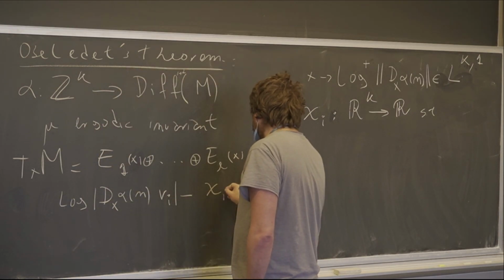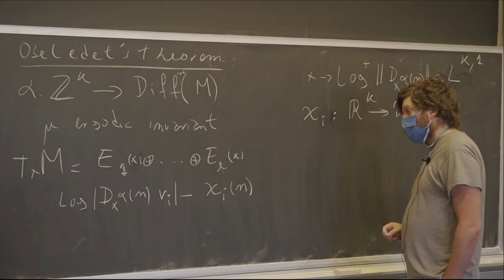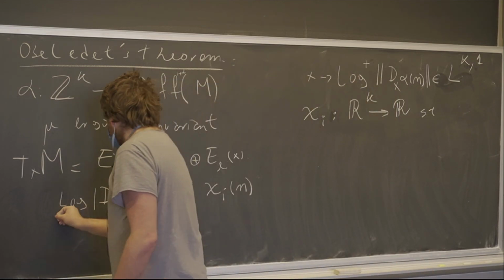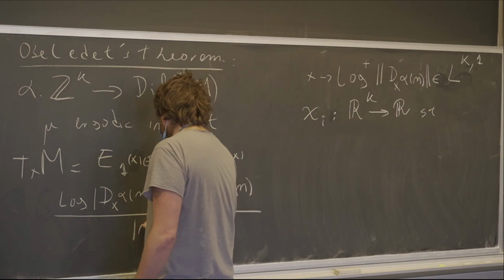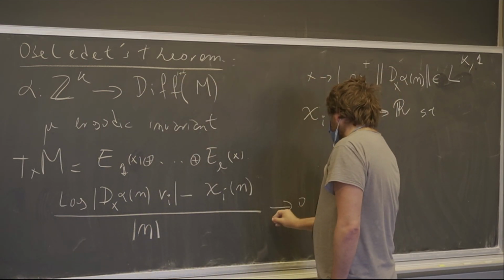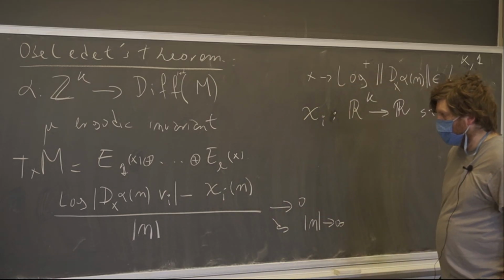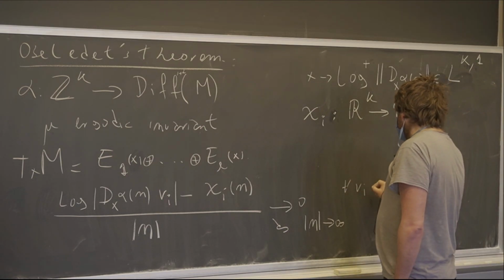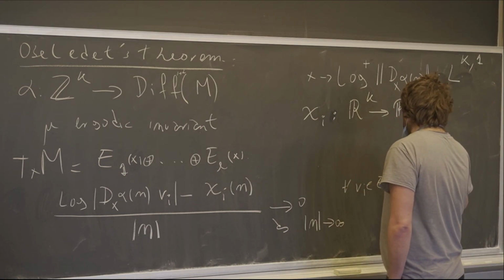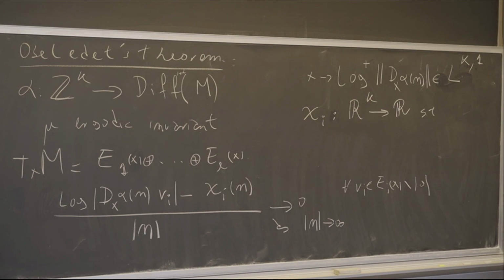I remove chi_i of n, which is the amount it's supposed to grow. I divide it by the norm of n, and this goes to 0 as modulus of n goes to infinity for every v_i in E^i of x minus 0. Okay, so that's exactly what this Oseledets tells you.